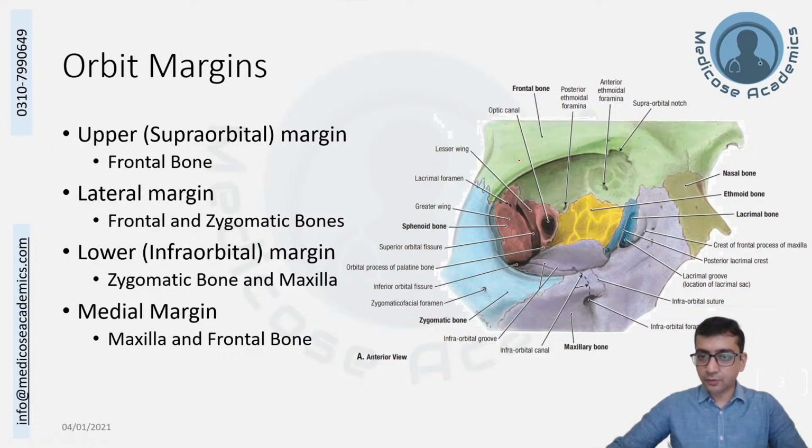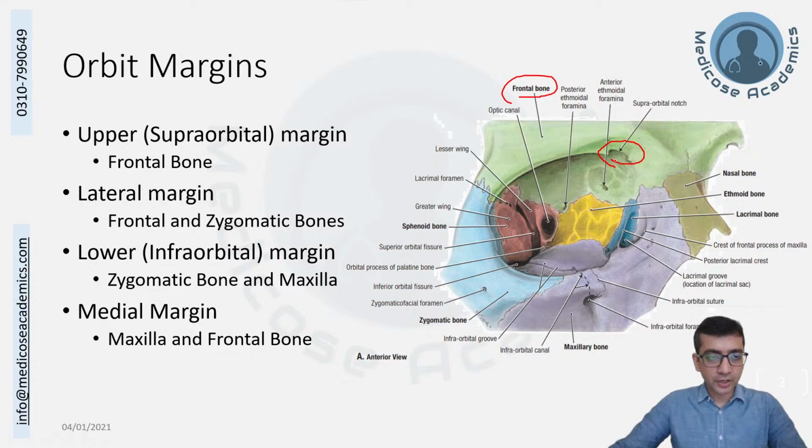If we see from the superior wall, we will be discussing along four walls: the superior wall, the lateral wall, the medial wall, and the inferior wall. Supraorbital margin, infraorbital margin, and the lateral and medial margins. So if you can see from the supraorbital margin, it is simply made up of the frontal bone, shown in the green here, and the anatomically different thing that can be seen on its medial aspect is this.